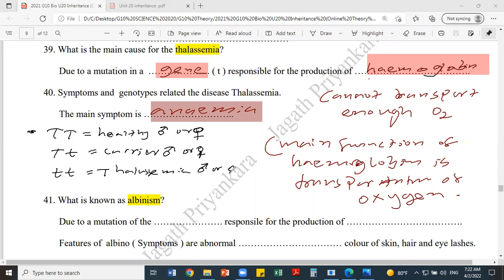or female, right? So remember, this thalassemia is common in both males and females. Both males and females can get this disease.